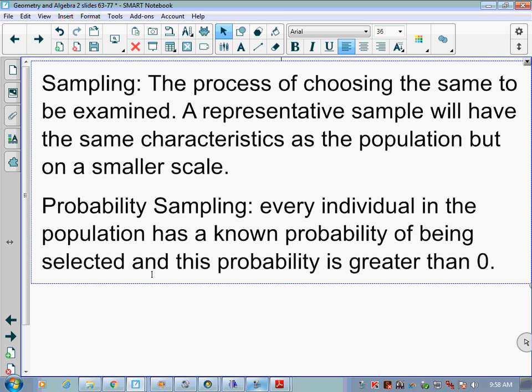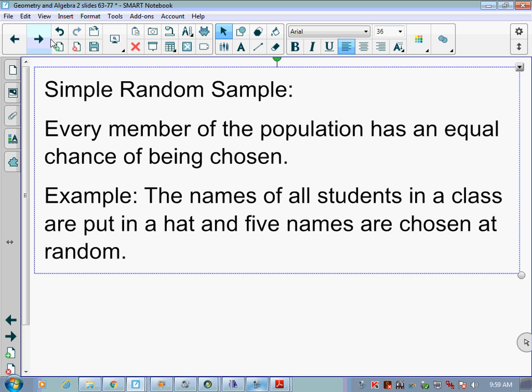If you're a boy, you have a relatively low probability of being selected because there's only 6, something like that. But if I said, I'm going to pick somebody to answer a question who's over 7 foot tall, none of you have a chance.